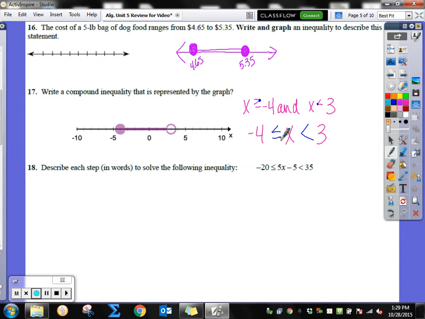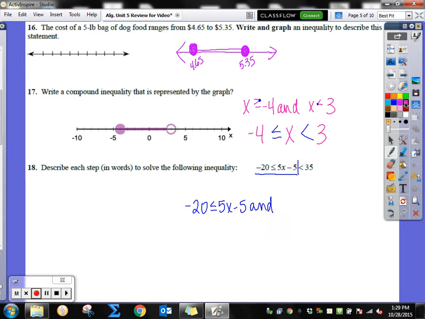Number 18, I'm not going to write all of it out, but I will kind of work through it. You first have two options as far as how you even start this problem. You can split it up, so you would go from the beginning all the way to the end, or right before the second inequality, so it would be negative 20 is less than or equal to 5x minus 5.